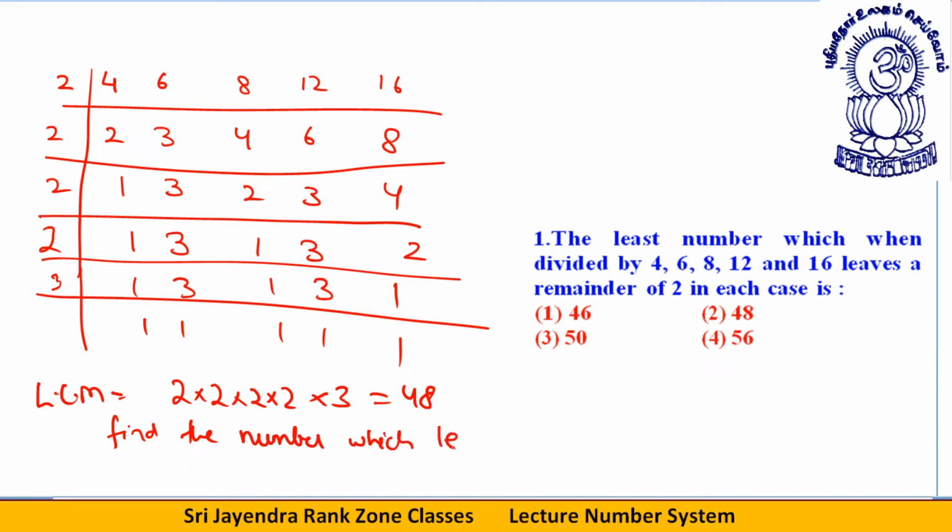So that number will be 48 plus 2, that will be 50. Okay, dear students, 50 is the number which, when divided by 4, 6, 8, 12 and 16, leaves a remainder 2 in each case.